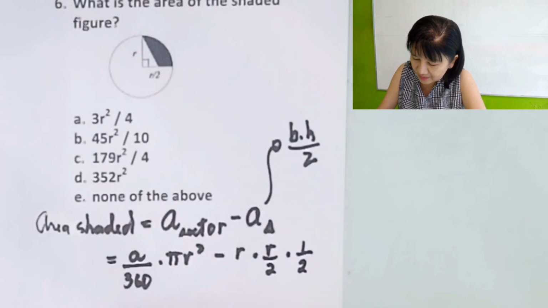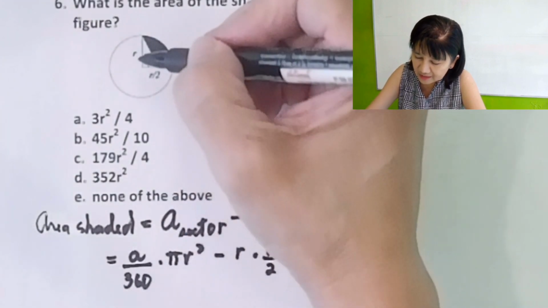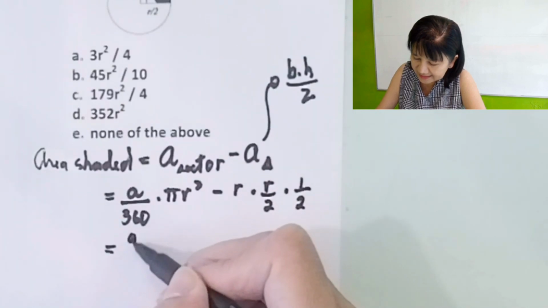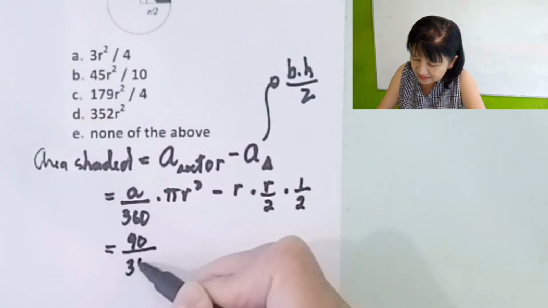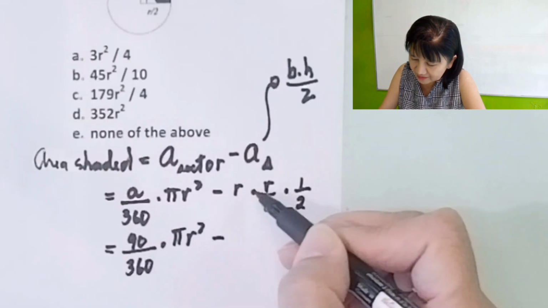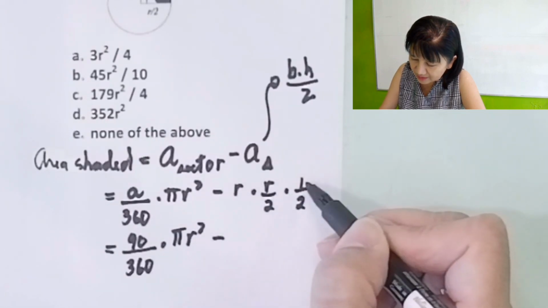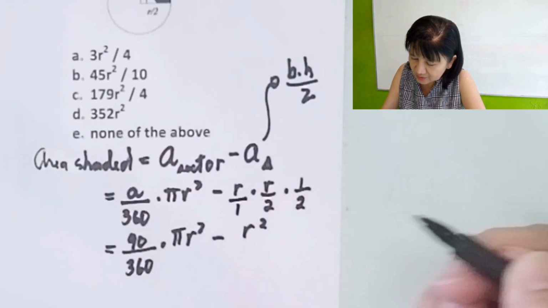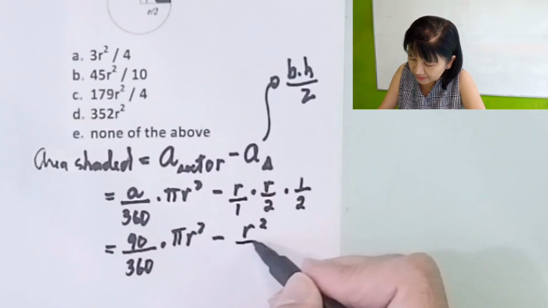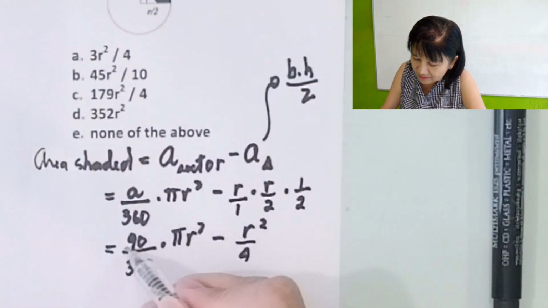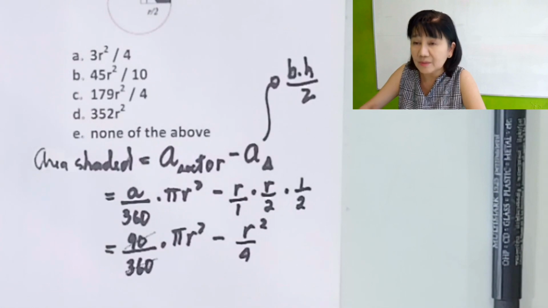So, therefore, what is our A here? The measurement of the angle here, that is 90 over 360 times pi r squared minus r times 1 is r squared. This is understood to be 1, so r squared over 4. You can see that these two are cancelable.